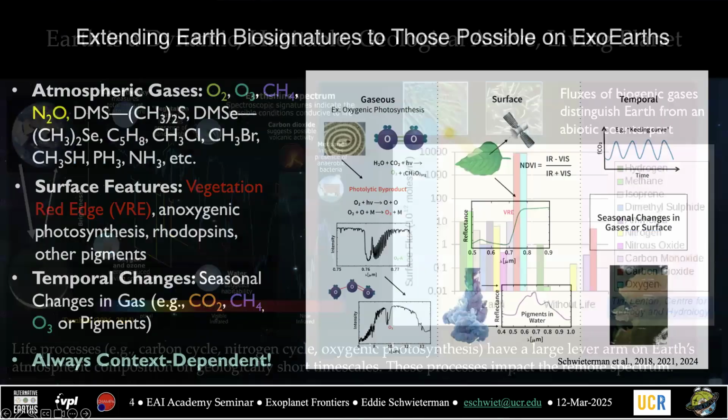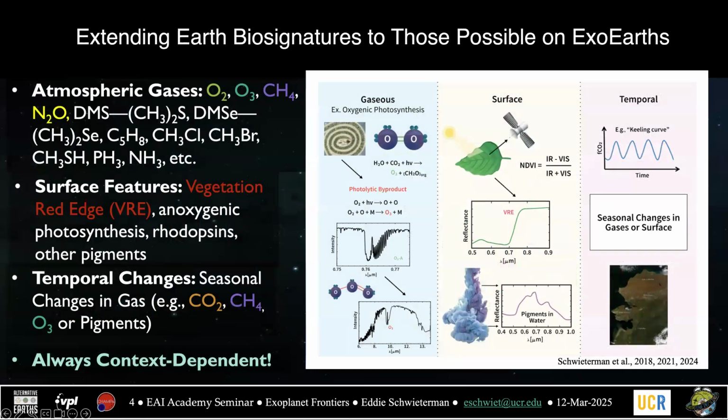We can extend those Earth biosignatures possibly to other Earths. And that means that the gases that don't necessarily accumulate to large concentrations on our planet perhaps could accumulate to large and detectable concentrations on an exoplanet.